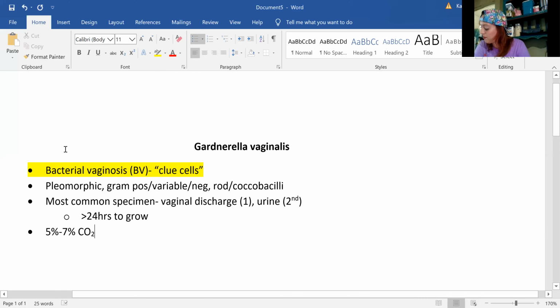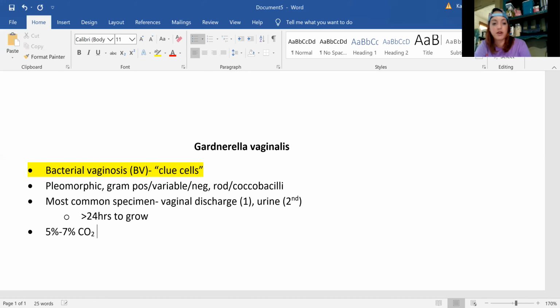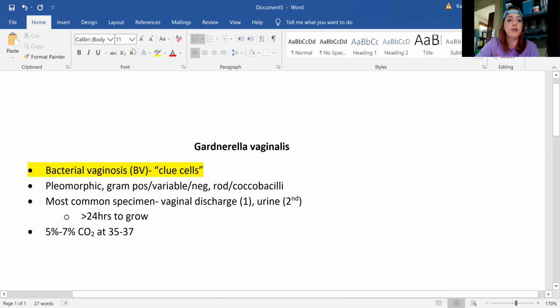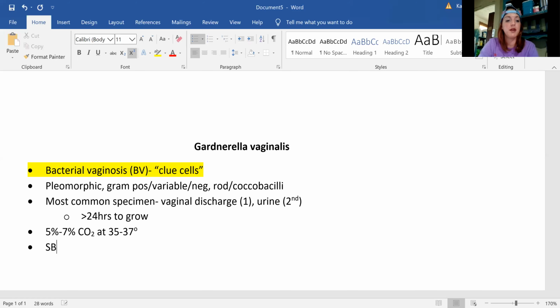Capnophilic. Yep. And 35 to 37 degrees. And now what do they look like on an SBA? Pinpoint non-hemolytic colonies.